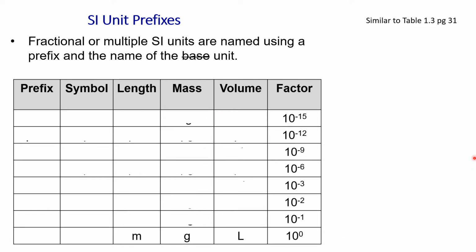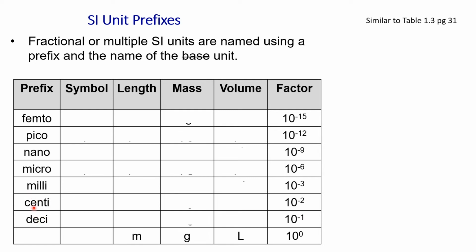That's why we have these prefixes. All right, so here's what they are. So this deci prefix means 1/10 of, or 10 to the -1, 0.1. So that's what deci means, or centi, 0.01, 10 to the -2, etc.